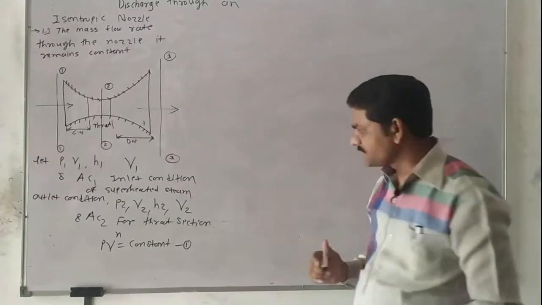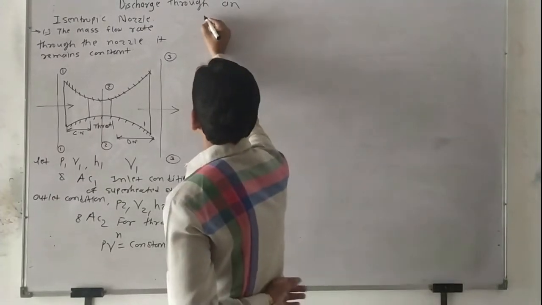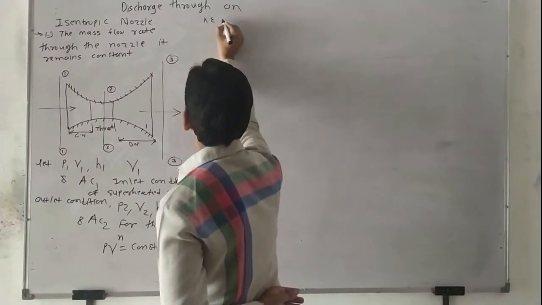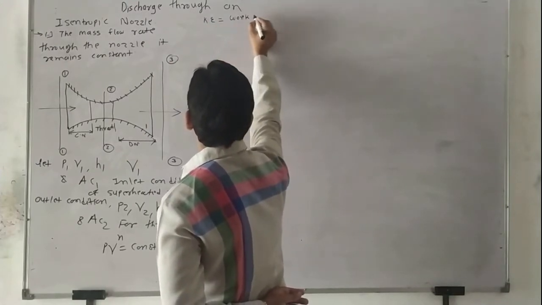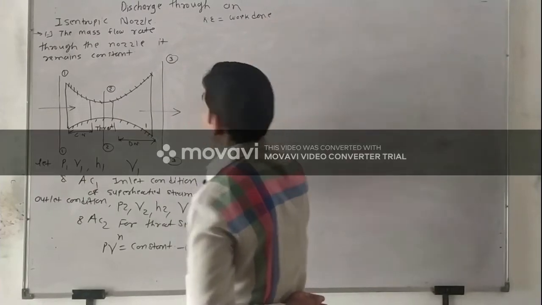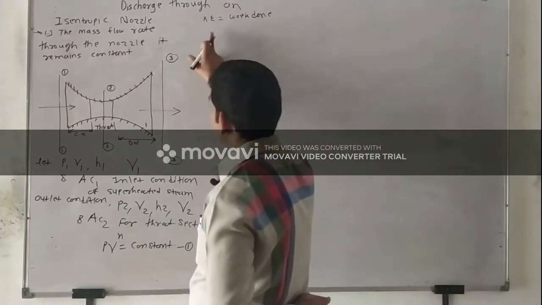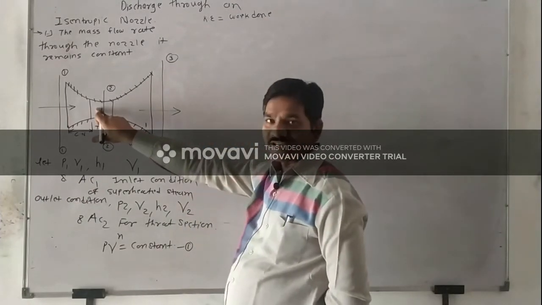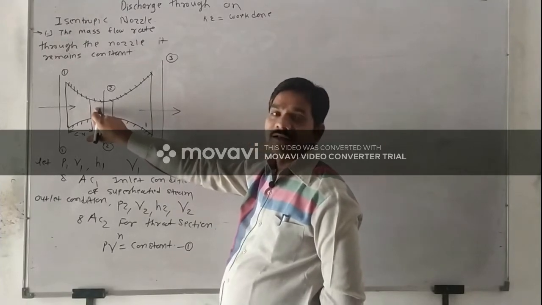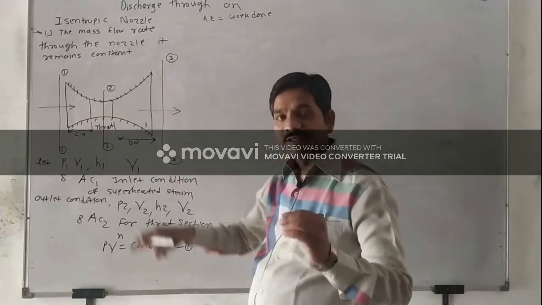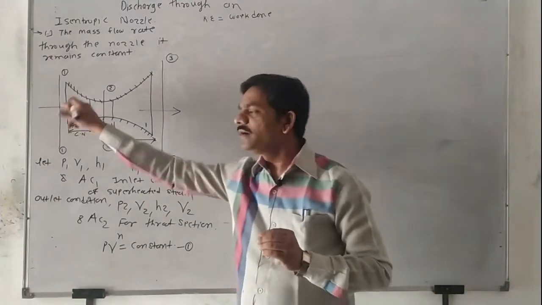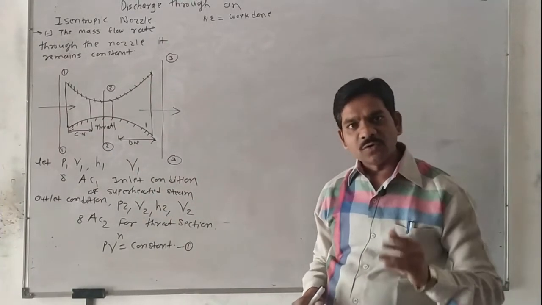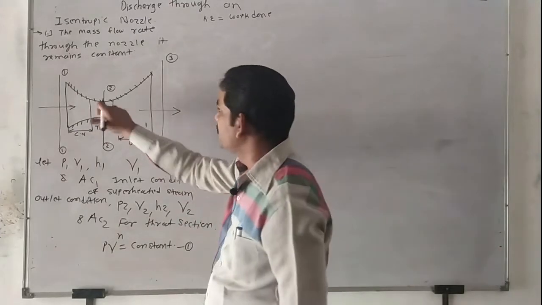So we know that the kinetic energy is converted into work done. So kinetic energy for which section? For the throat section, because we know that at the throat the velocity of the steam is maximum as compared to the inlet section. Yes or no? Yes. So that's why we consider the throat section.